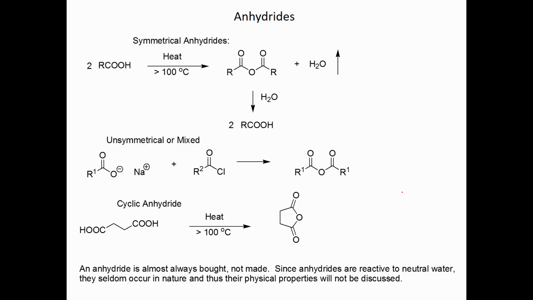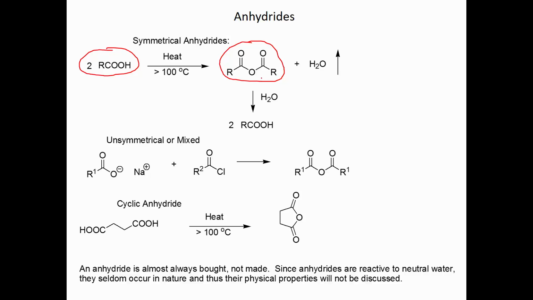All right, here's how we make symmetrical anhydrides. You just take a carboxylic acid, 2 moles of it, and heat it to a high temperature. Water will, to some extent, be formed, and as the water is formed, you just get rid of it by boiling it out or something like that, and this gives you the anhydride. Okay, so it's driven to equilibrium by Le Chatelier's principle.